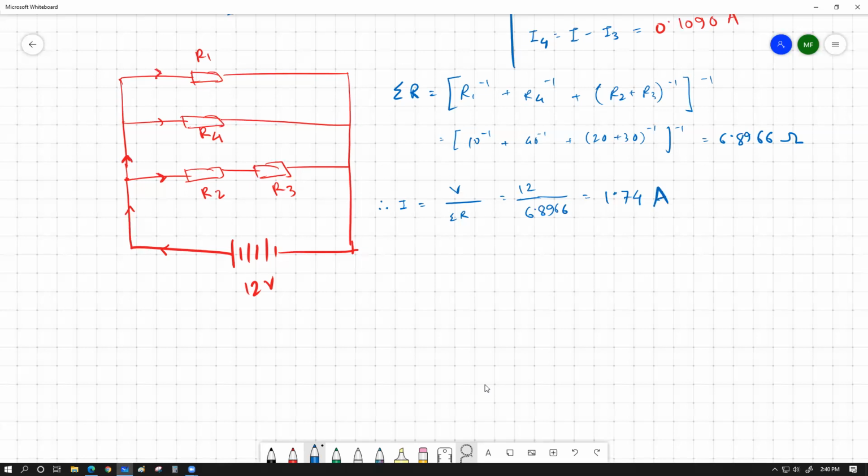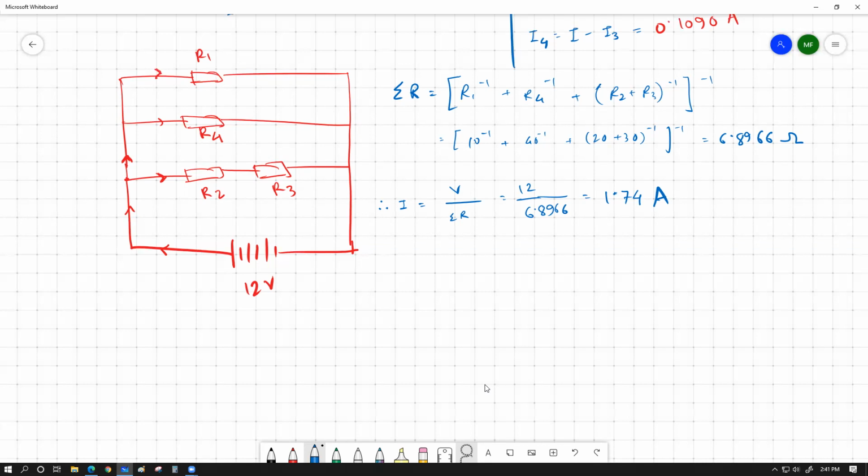I did not use the rounded value. I used the answer value from the calculator because that's even more precise. So I used 12 divided by answer, whatever I got from there. That gave me exactly 1.74, nothing else after that.